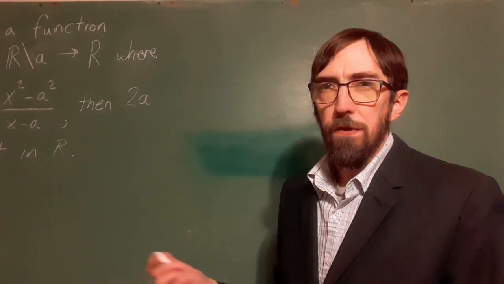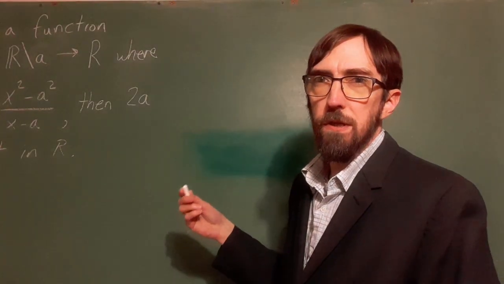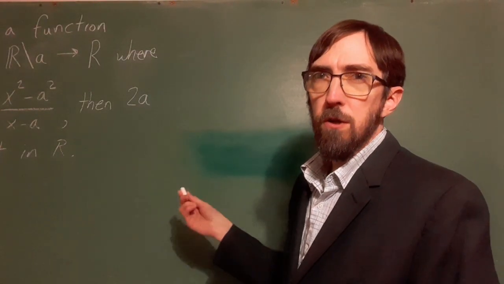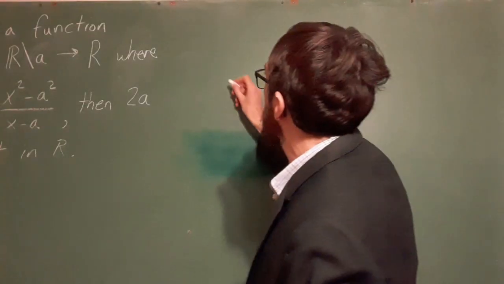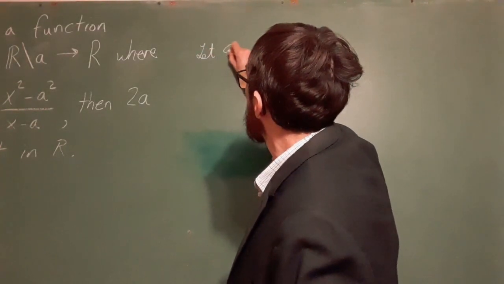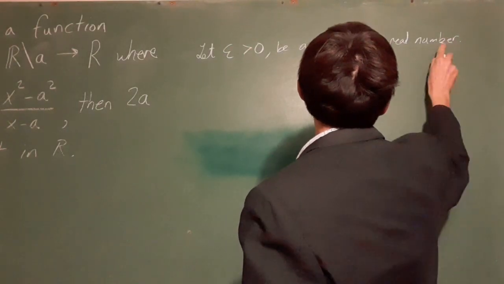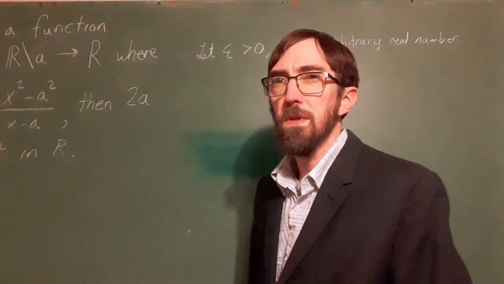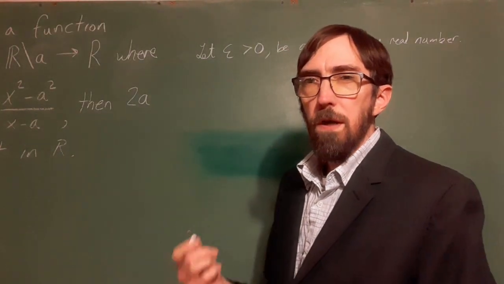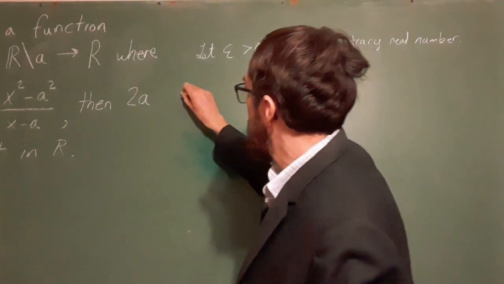First of all, as with these types of things, we are going to let epsilon be an arbitrary real number greater than 0. And I'm going to draw a diagram with this.